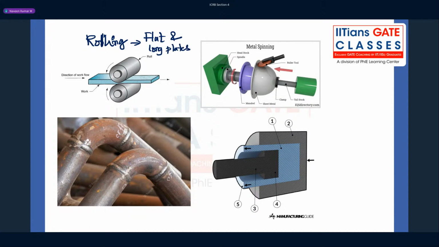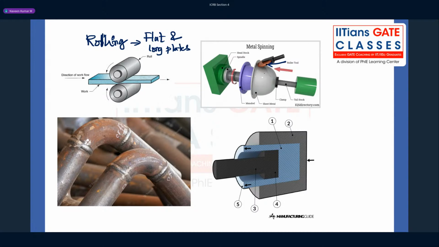Spinning is this. What is spinning? Some kind of rotation is happening, and this is some kind of mandrel, or you can say a rounded tool. You're pushing it inside, so that some asymmetry is coming here, right? So this is metal spinning.